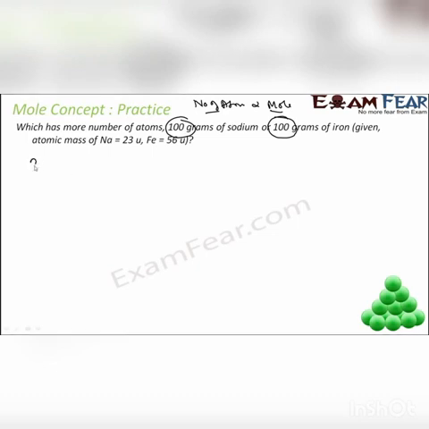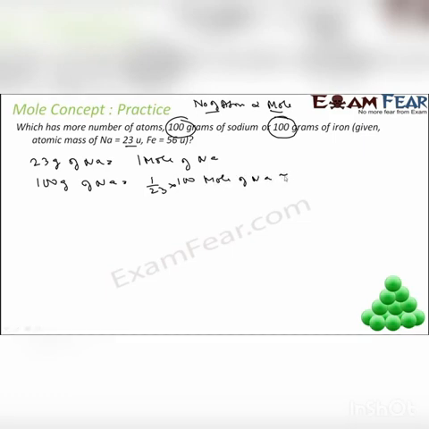So for sodium, 23 is the atomic mass, so 23 grams of sodium is 1 mole of sodium. So 100 grams of sodium is what? It is 1 by 23 into 100 moles of sodium, approximately 4 moles of sodium.